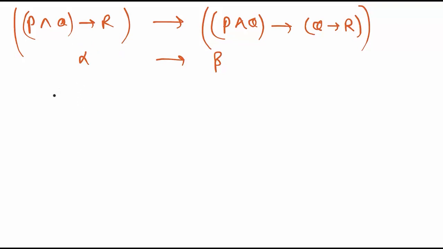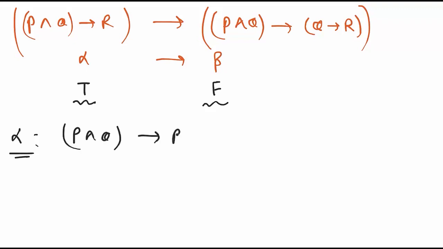Okay, so to make this true and to make this false, let's see what is easier. Is it easier to make it true or is it easier to make it false? We can take anything. Let's take alpha. Let's see if we can make it true. At the same time, we will see if we can make beta false. To make this alpha true, what we need to do?